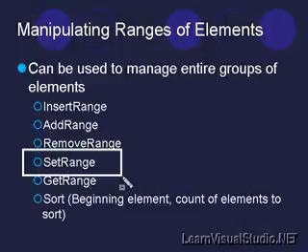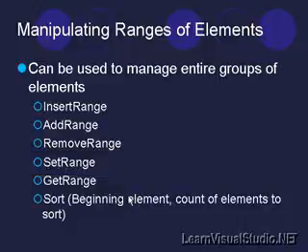You can also set and get ranges. In the case of set, it allows you to overwrite the existing items within that range of the collection. And then the get allows you to specify a given range, and that range can be pulled and inserted into another collection. We'll show you an example of all of these in a future video.